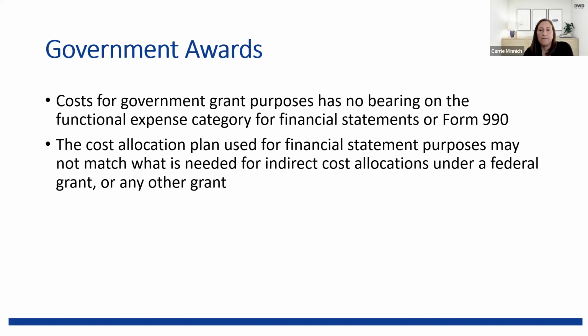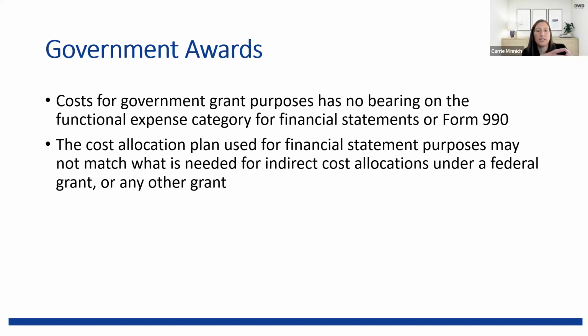accounting or administrative fees may be paid for by a grant. So let's say you're getting a government grant and they're saying, yes, you can pay for your accounting fees. So that might be considered program or some kind of grant expense under this grant for this award. However, for our financial reporting and our 990 reporting, that is still considered management in general.